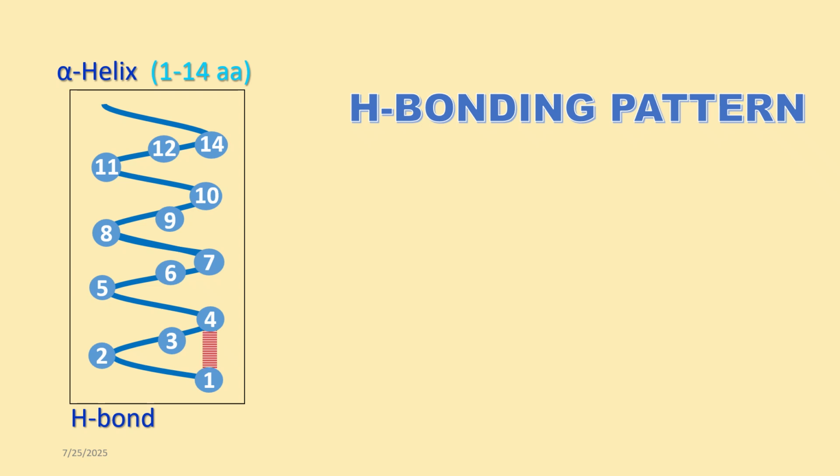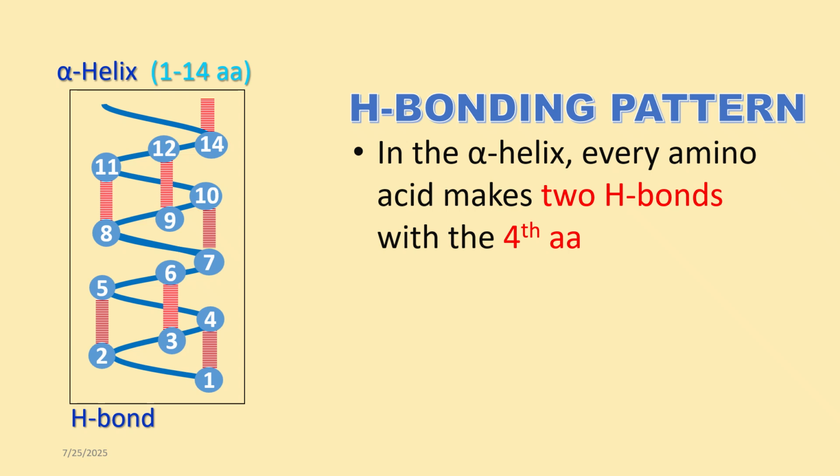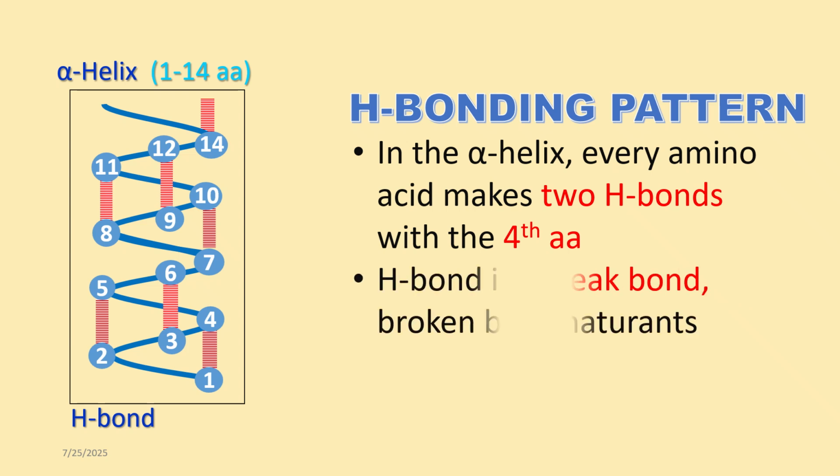So each amino acid is hydrogen bonded with the next fourth one, providing stability to the molecule at normal physiological condition. Although hydrogen bond is weak and it can be easily broken by denaturants such as heat and pH or temperature. There are two hydrogen bonds formed between the amino acid pair utilizing carbonyl oxygen and amide hydrogen of the peptide bonds.